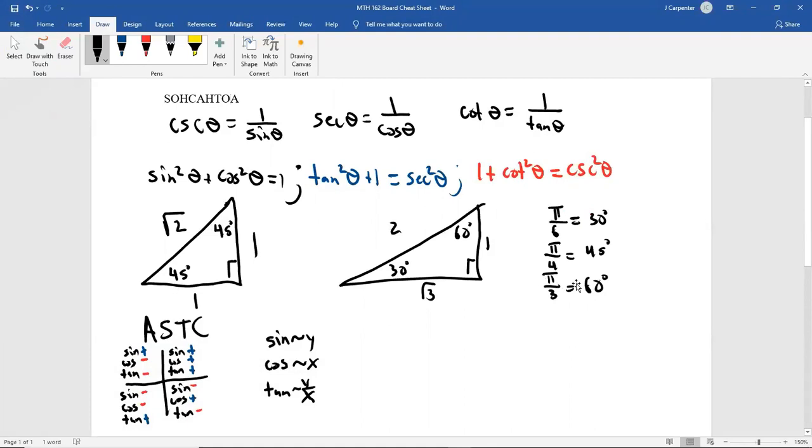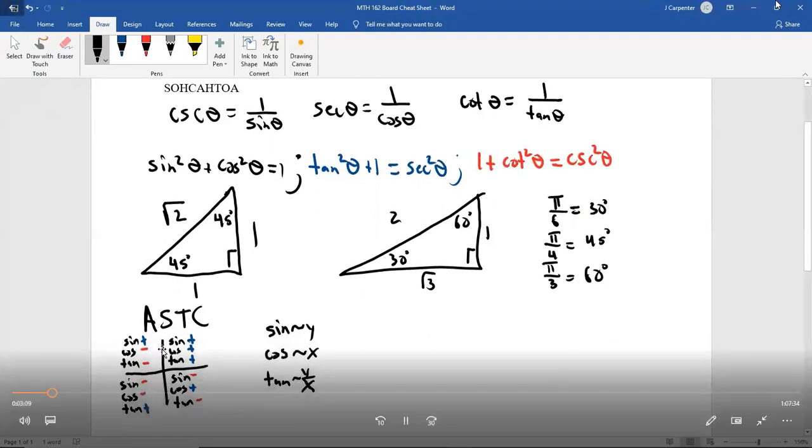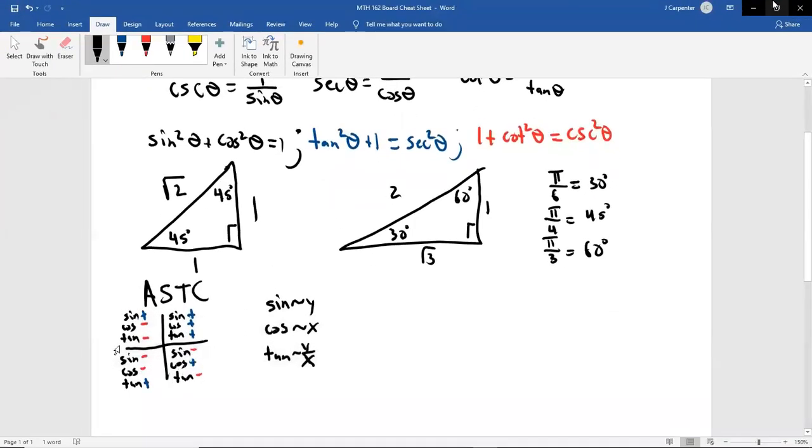And this is something I won't write anymore after a week or two. Then the last thing that we did, which was developing how to find the trig function of an angle outside of the first quadrant, so no longer restricted to a right triangle. Because we said that we use these reference angles and then it just might have a negative half the time.